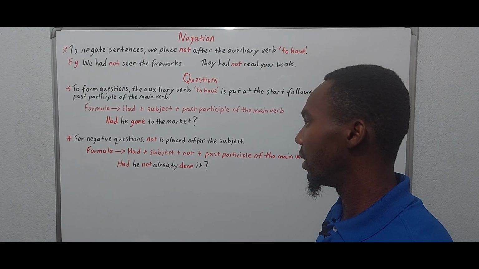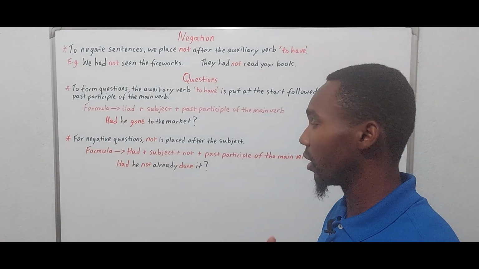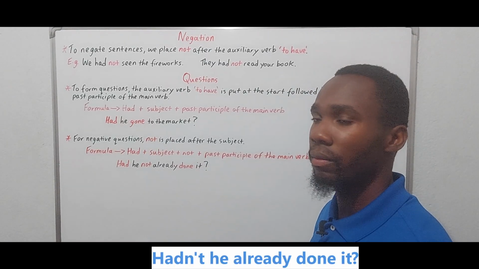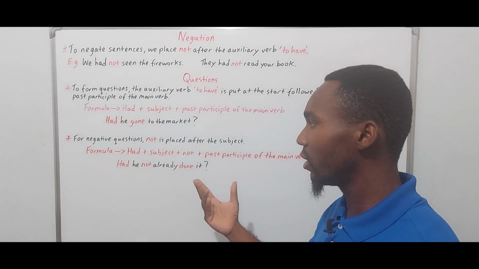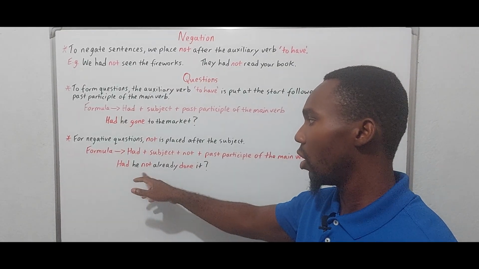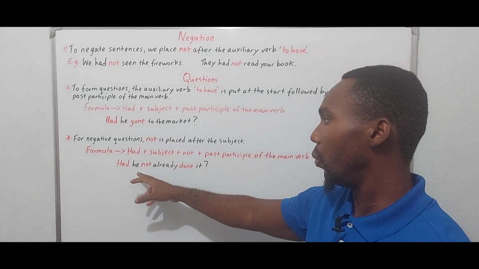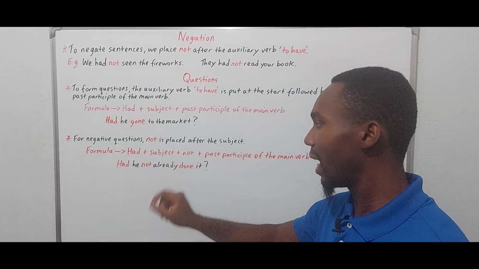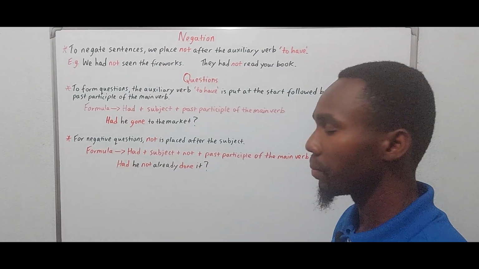I could also form a contraction out of that by saying, hadn't he already done it? Right? As a question, had and not, those are going to fuse, whereas he will go afterwards. So hadn't he already done it? Yep.